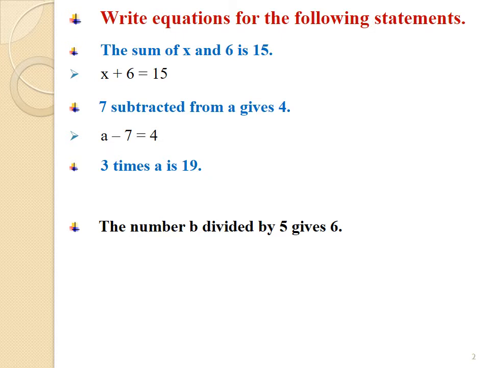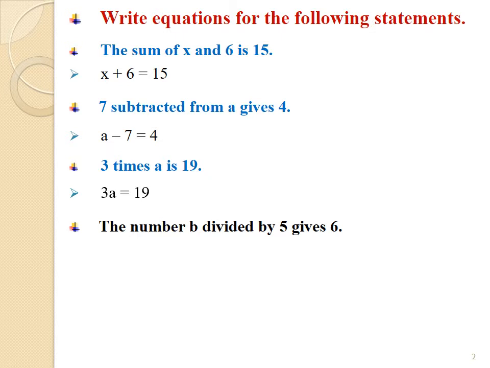Students, we also know that in algebra, we ignore multiply sign when a variable is multiplied by any number. Thus the equation for this statement is 3a equals to 19.